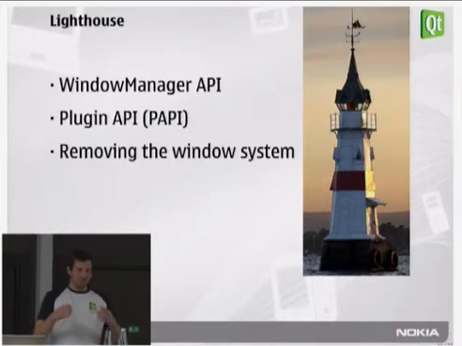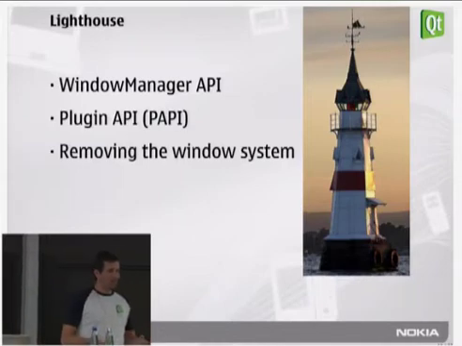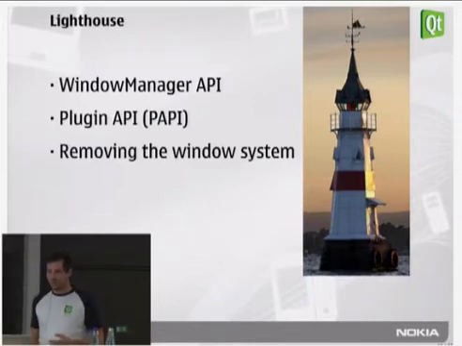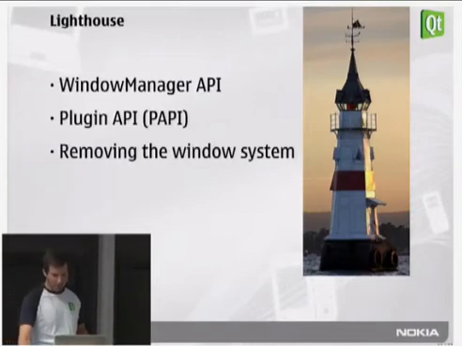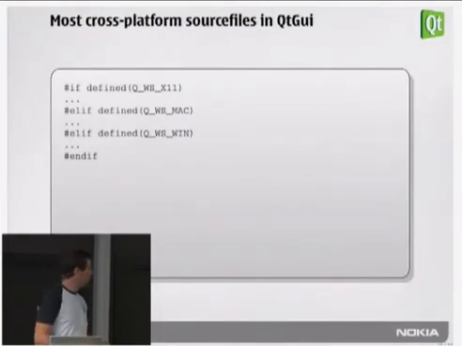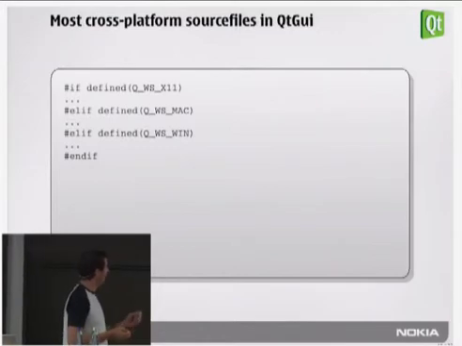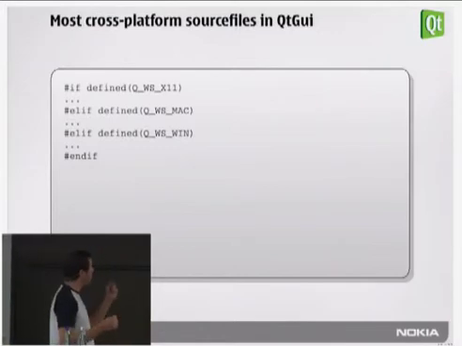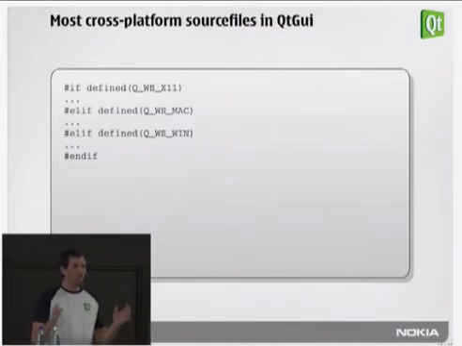The task of developing Lighthouse is actually removing windowing system code from Qt GUI, making Qt GUI windowing system agnostic. So in qwidget.cpp or many other places, you will find this pattern, right? #if defined QWS and then some platform. It's all over the bloody place.